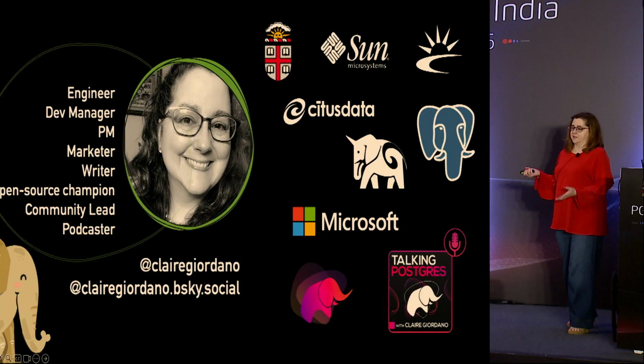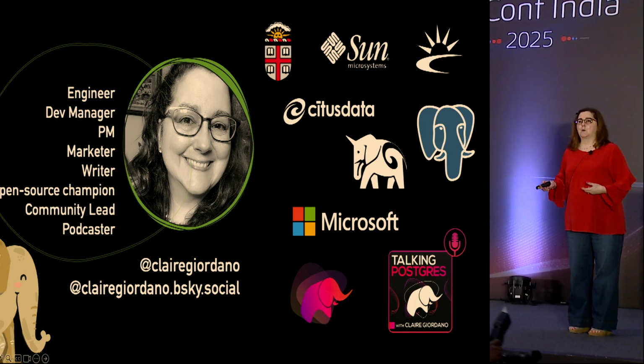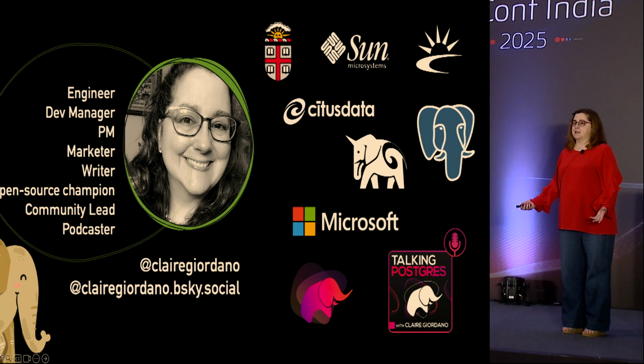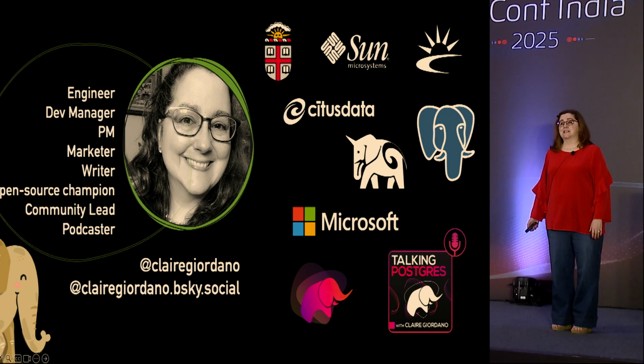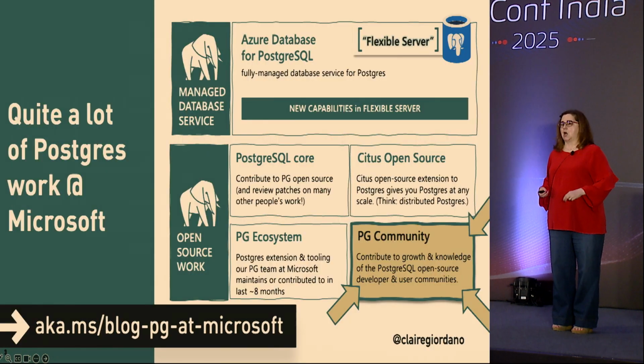My name's Giordano, and I've been involved with Postgres since about 2017, when I joined a small San Francisco-based startup called Citus Data. And we subsequently got acquired by Microsoft, and I'm still there, although I don't work on Citus as much anymore. More of my focus is actually on that kind of bottom box here.